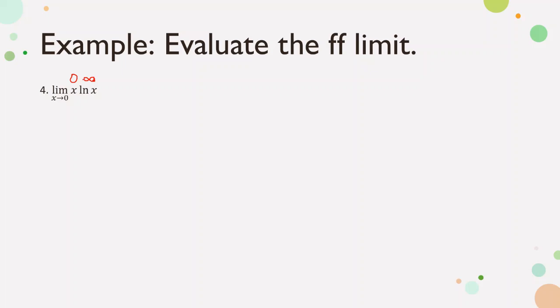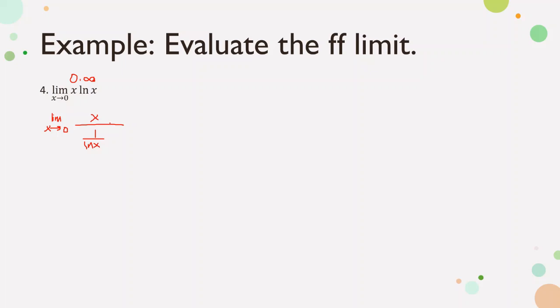So, as you can see, this now takes the form of the indeterminate form 0 times infinity. So since x is our 0, x would become our numerator. So x would be here, all over 1 over our g of x, which will be ln x.